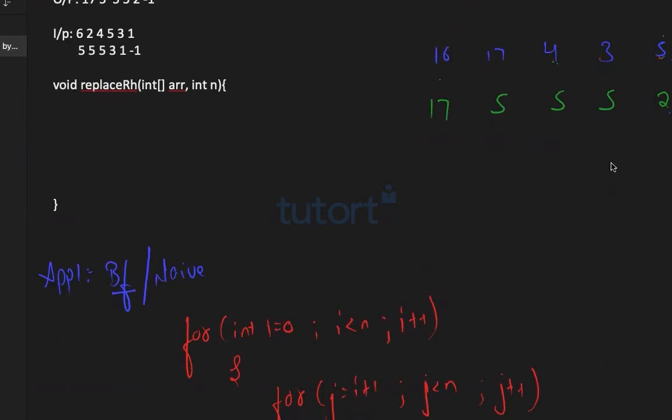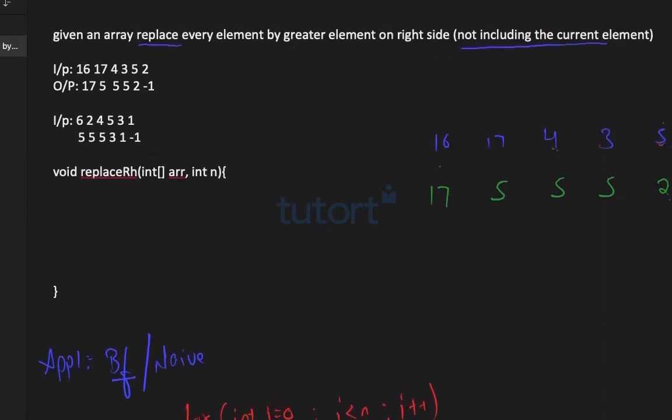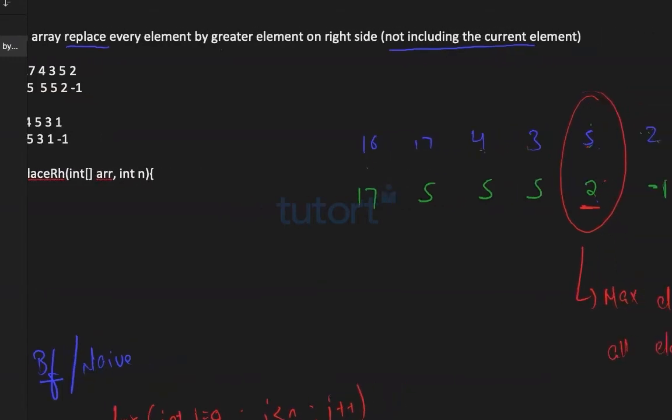Now, let's see what this hint means. If you look closely at 5 and 2, what is 2 relative to 5? 2 is the maximum element among all elements which are on the right side of 5.